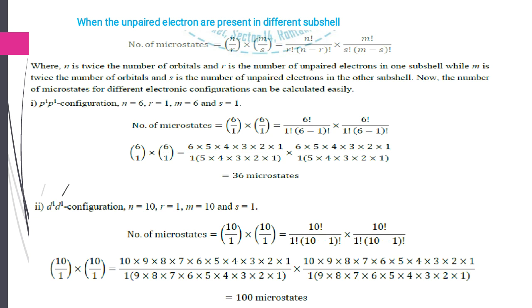Before, we discussed the determination of microstates for a single kind of orbital, but here we have different subshells, for example p1 and d1.